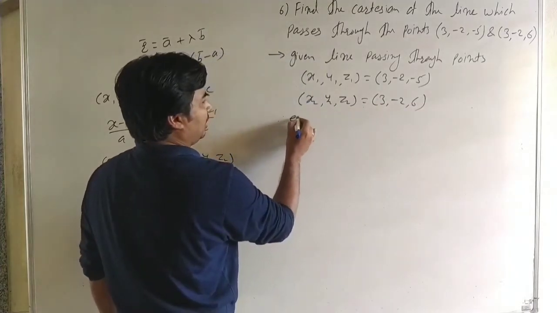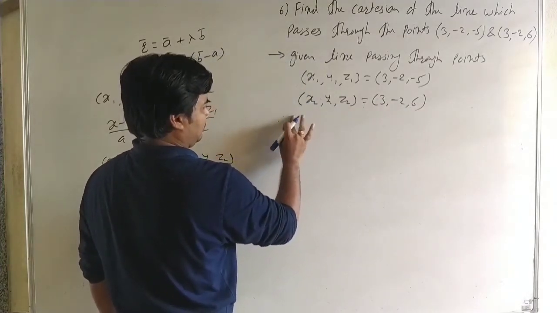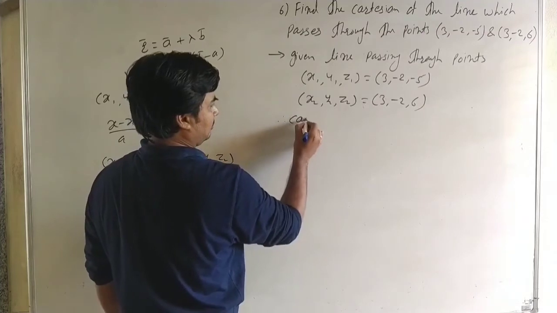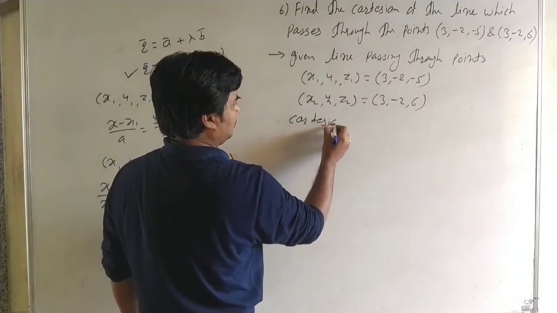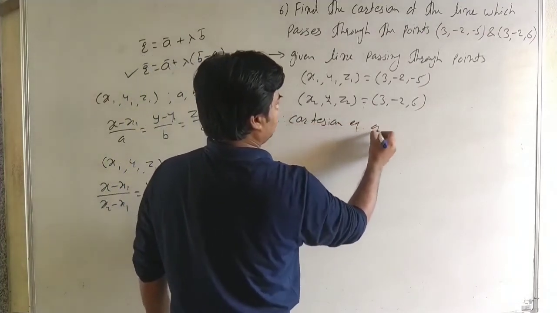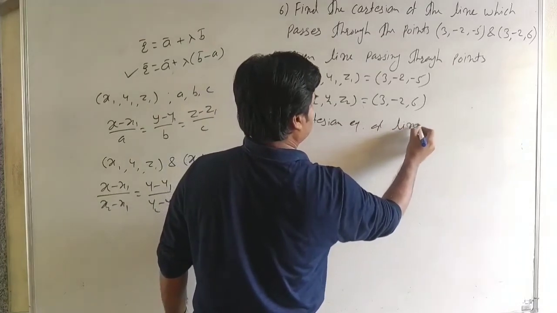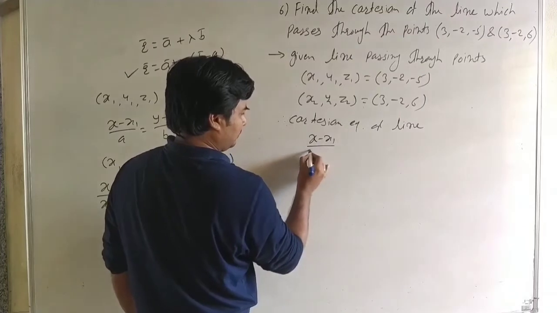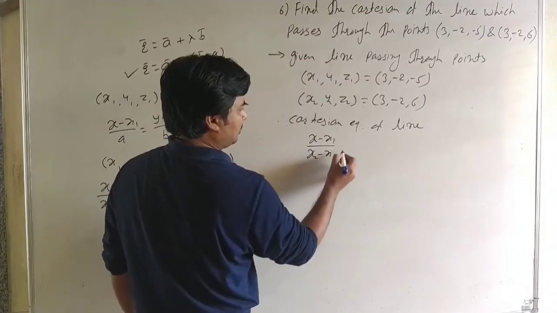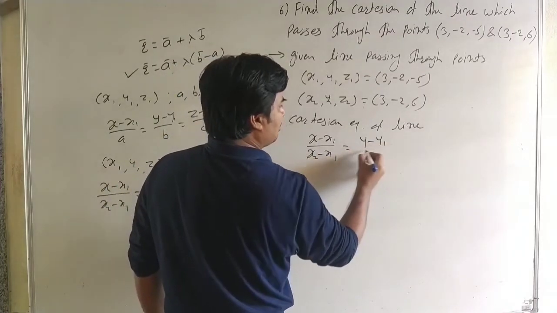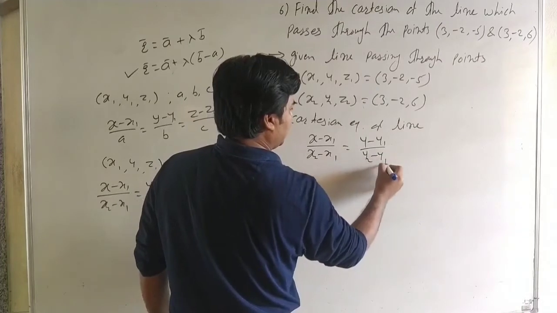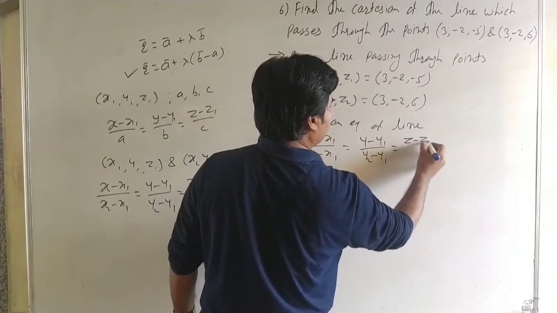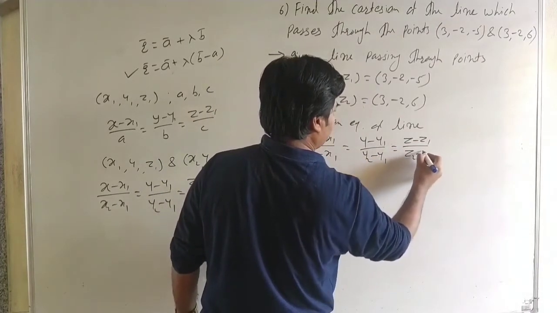Therefore the Cartesian equation of the line is (x minus x1) upon (x2 minus x1), (y minus y1) upon (y2 minus y1), and (z minus z1) upon (z2 minus z1).